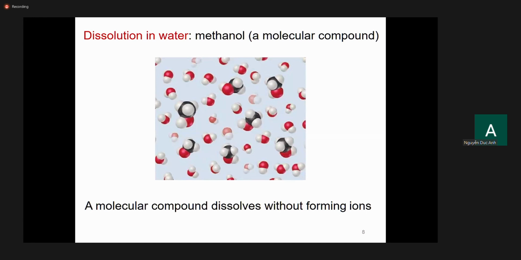Okay, so let's go back to the lecture. The last solution in water is sodium chloride, an ionic compound.